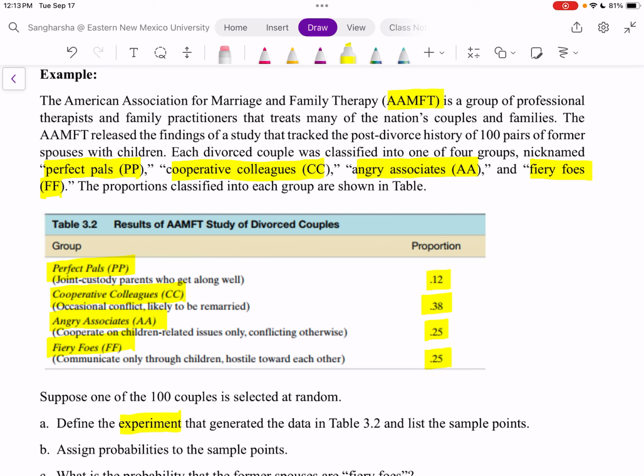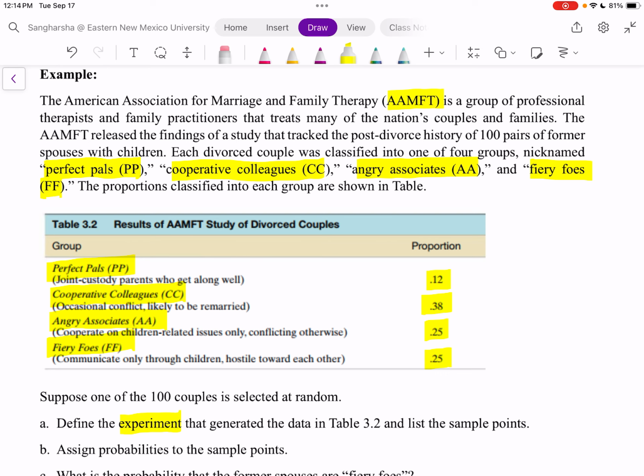So they have 100 pairs of former spouses with children. And what did AAMFT do to the 100 pairs of former spouses? They're finding the study that tracked the post-divorce history.